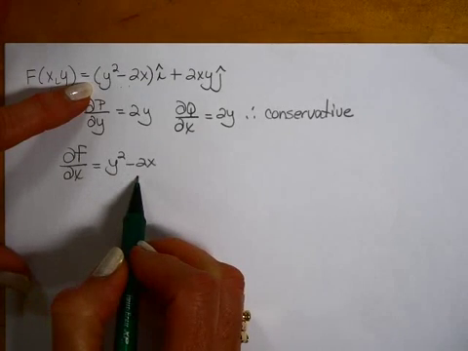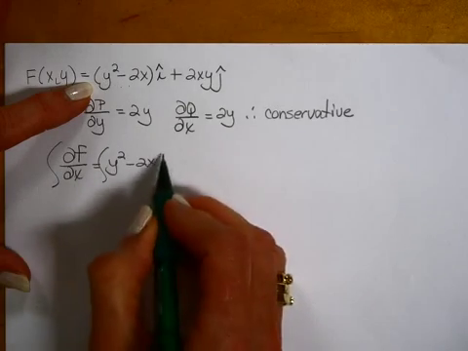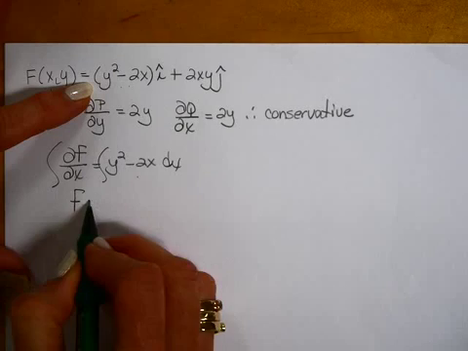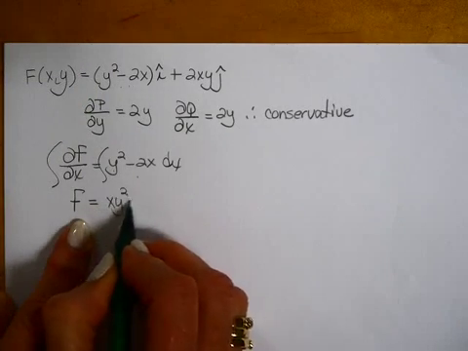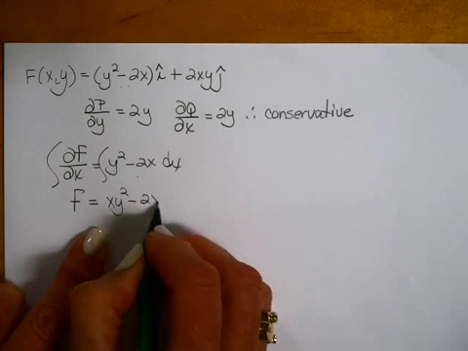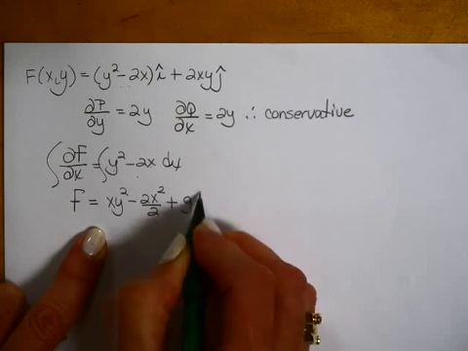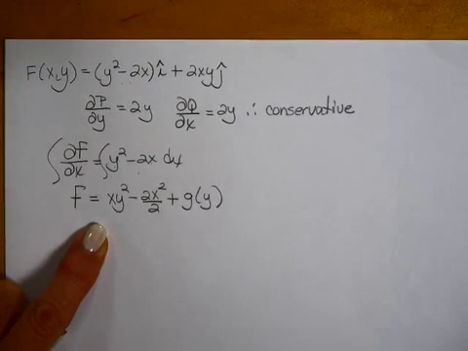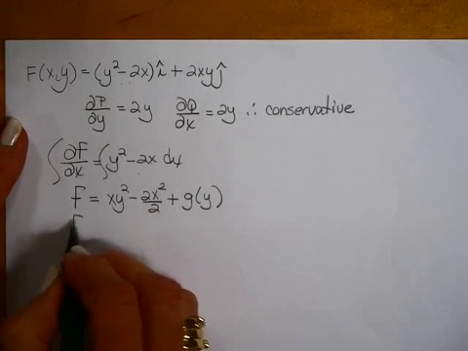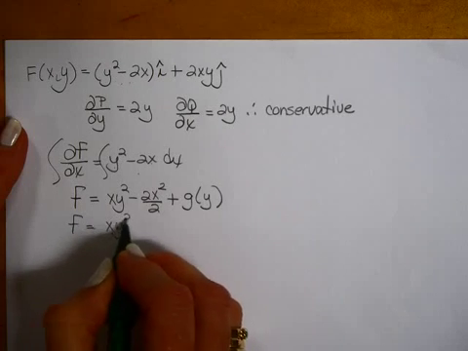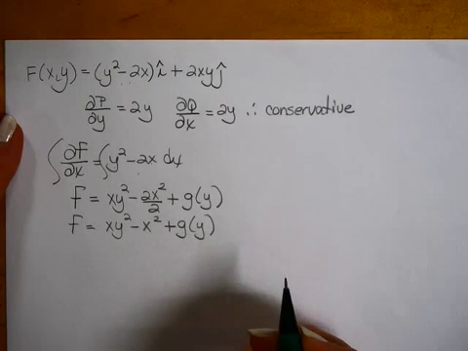If you integrate this with respect to x, you get xy squared minus 2x squared over 2 plus some function of y. So f so far is xy squared minus x squared plus some function of y.